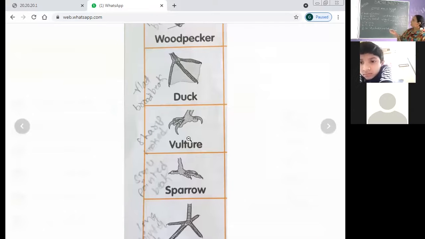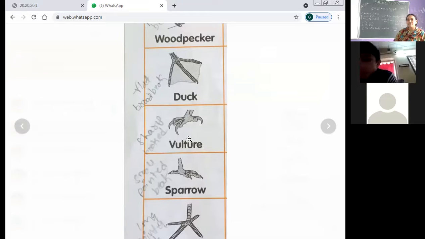So by seeing the nature of the claws, we can say what type of food the bird eats. When compared to the duck and the woodpecker, the vulture has very curved, strong, sharp claws. These help the birds catch animals.